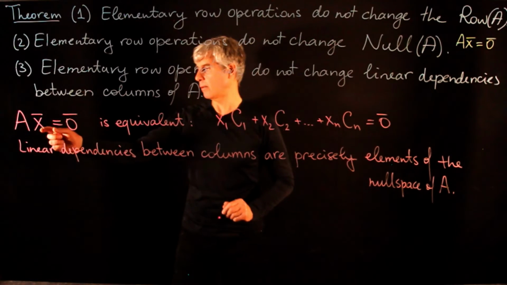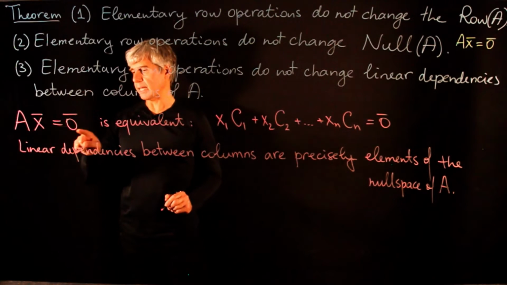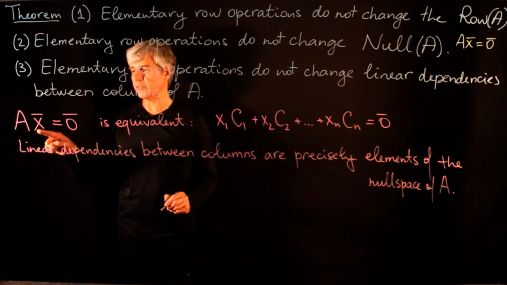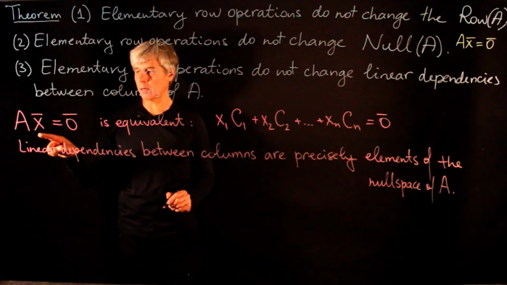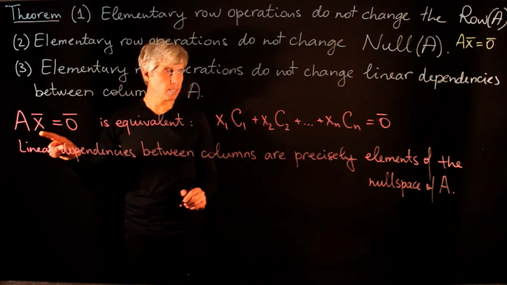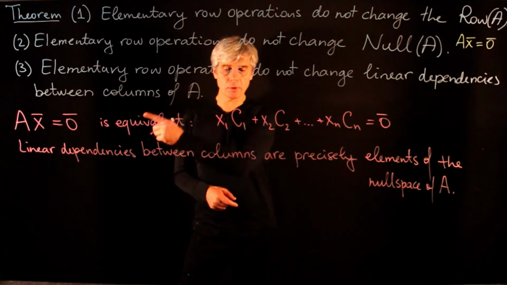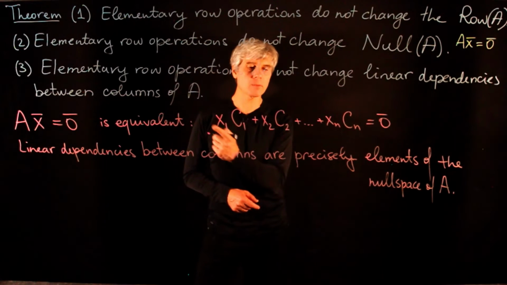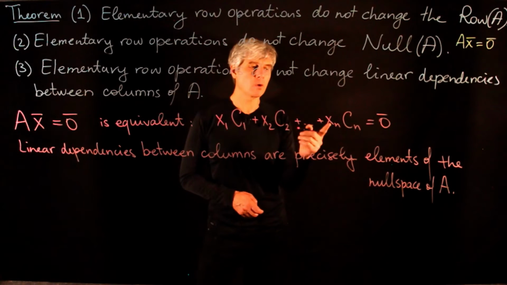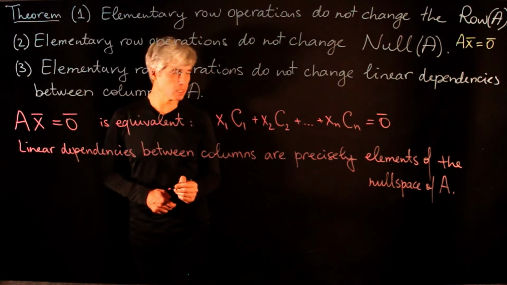Because this is the solution set of Ax equals 0, so all vectors x that satisfy this equation. So these are elements of the null space. And if we write x in this form, then this vector x can be interpreted as coefficients of a linear dependency between columns.